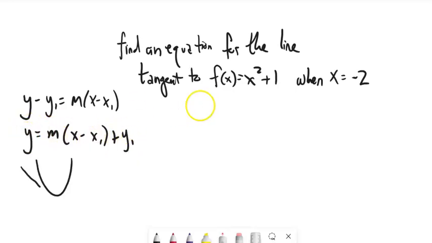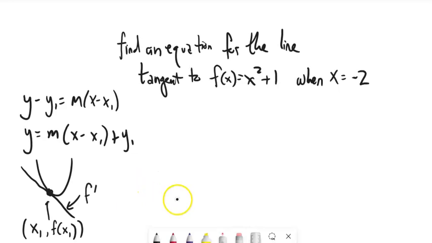And if I bring back that picture, this is the point, some x value. In this case, it's going to be -2. The y is f at that point. And then the slope of this line would be the derivative of the function at that x value, right? That's the m value.